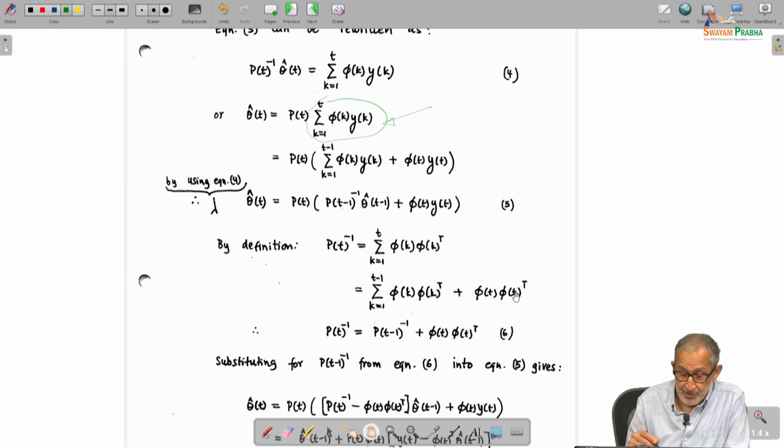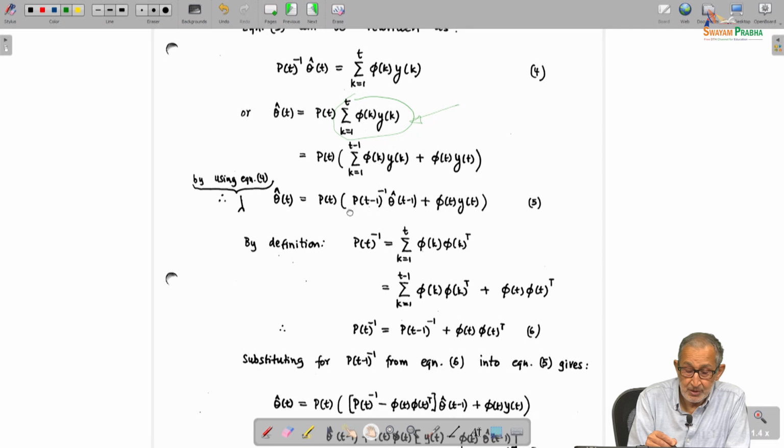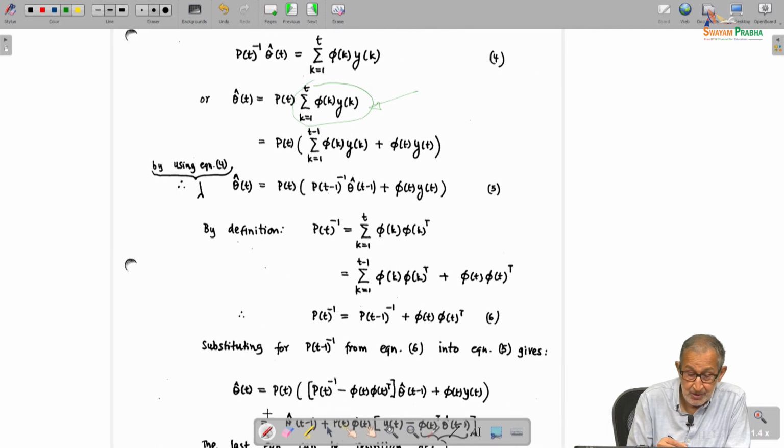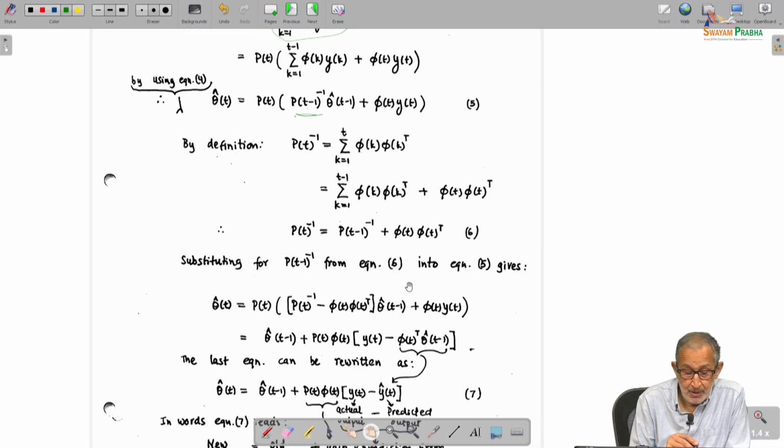If you substitute for P_{t-1} inverse from equation 6 into equation 5, we put all of this into this expression here, we will get the following expression, and this is important.